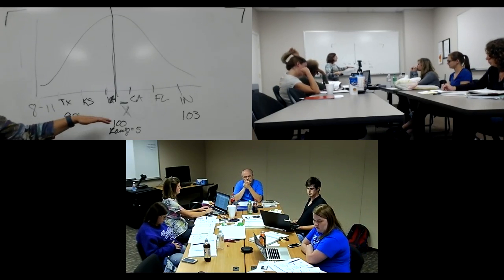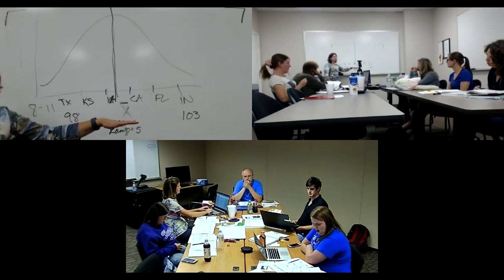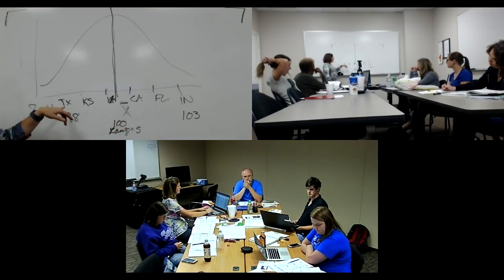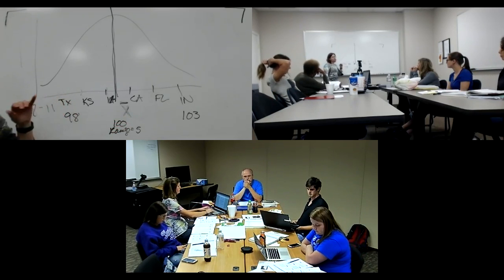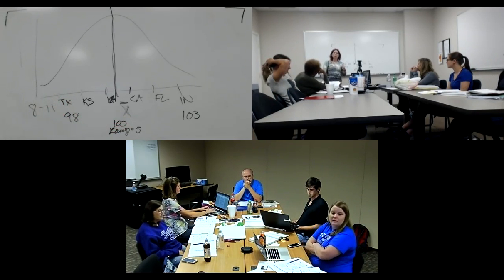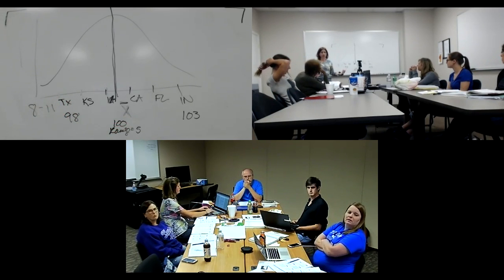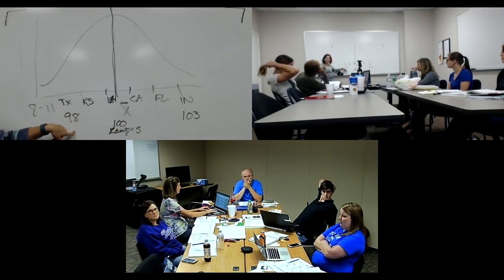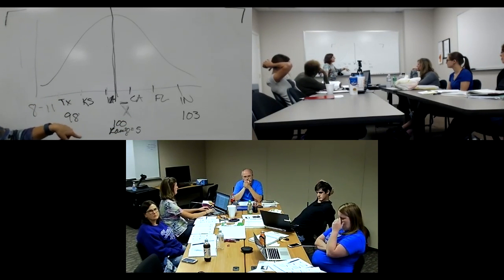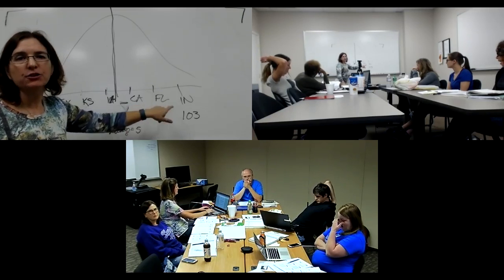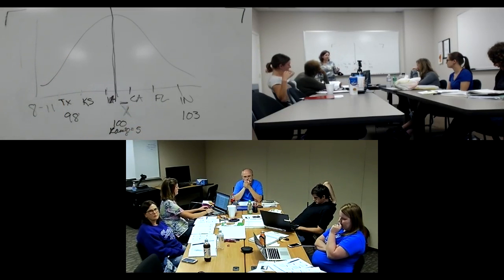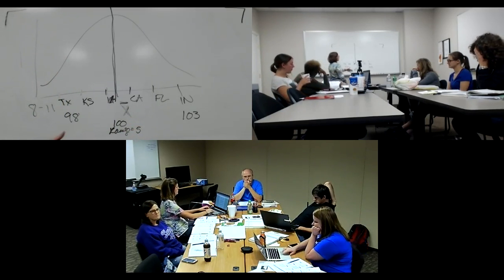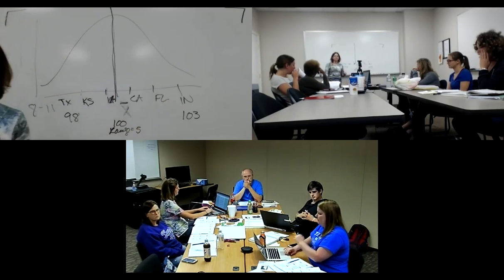Like if we were doing anxiety or depression scores and I used Florida and Washington State, you would like to think there would be a big difference. You would like to think that Florida depression scores would be really low because it's sunny there most of the time. And Washington State actually has the highest suicide rate in the country. So we would expect their depression scores to be much higher.